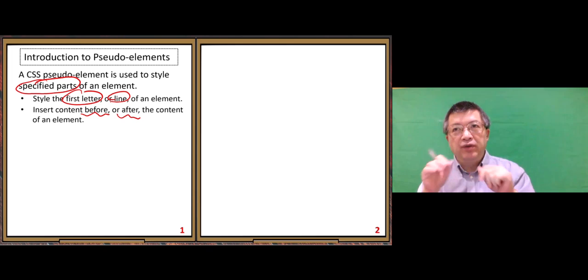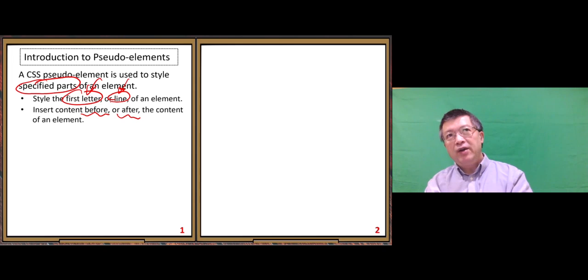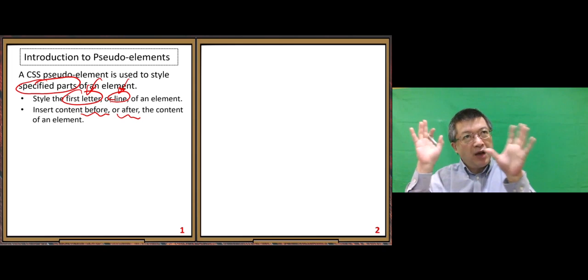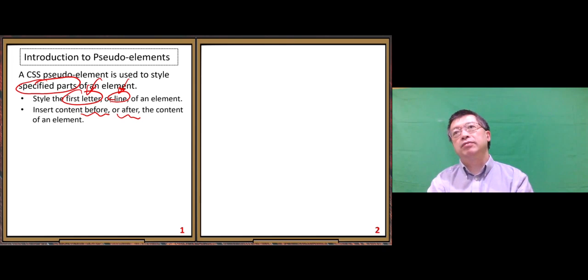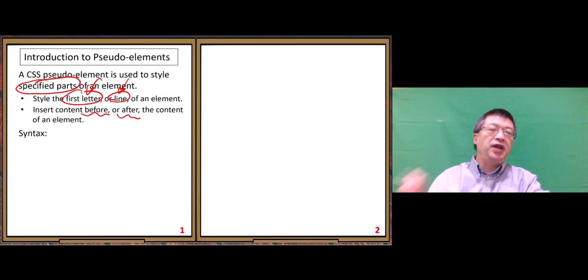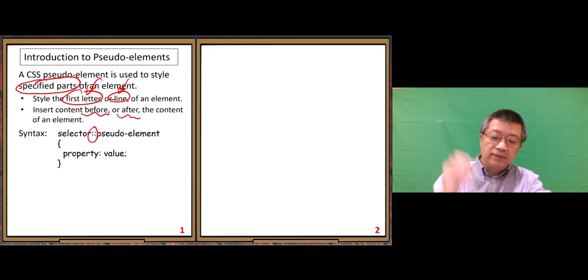In this small video, we just look at one example here, one example there. Later, when we see other situations, we will talk about this concept again. All right. Look at the syntax. Syntax: selector, double colon.